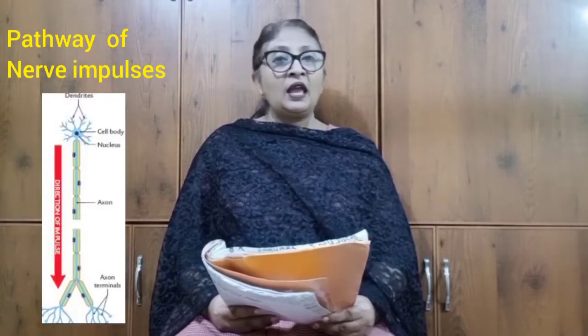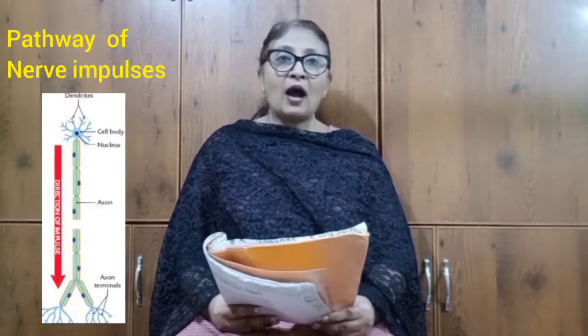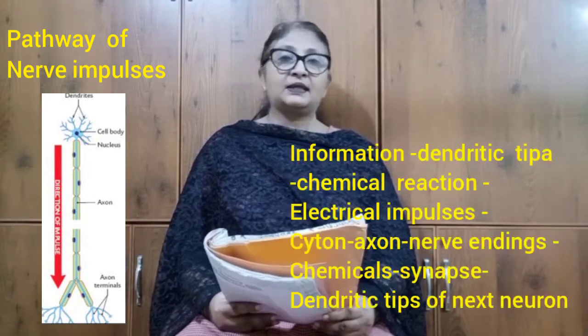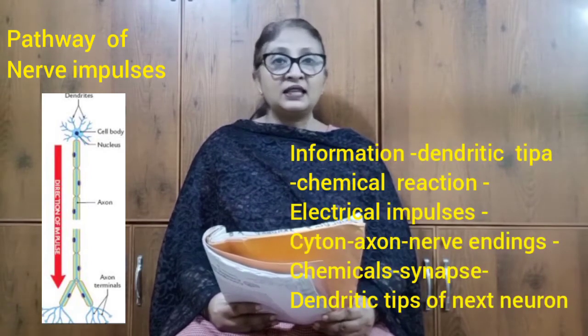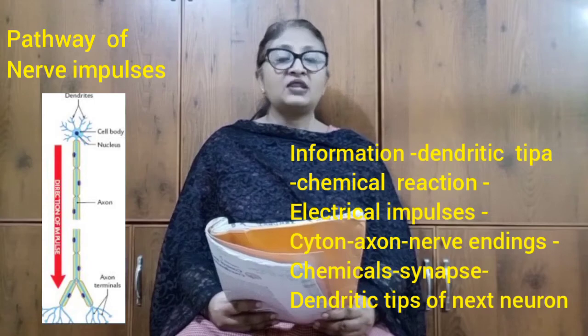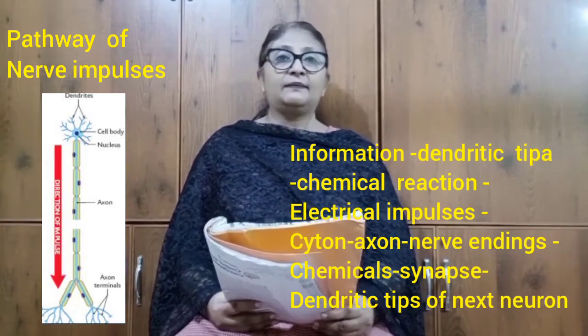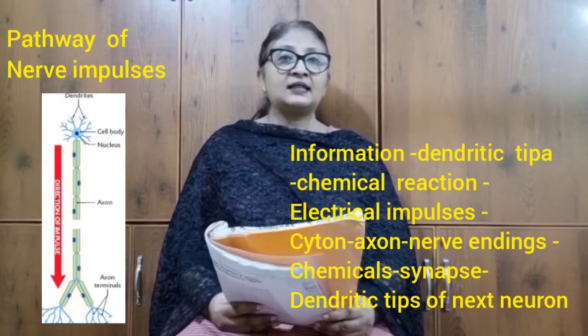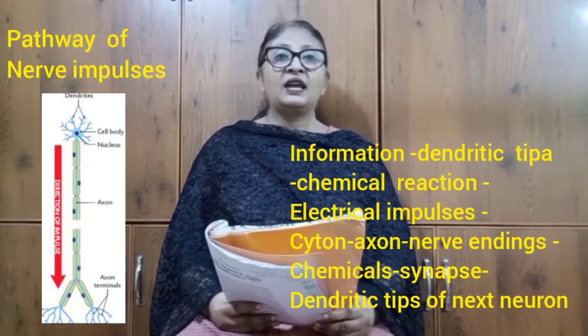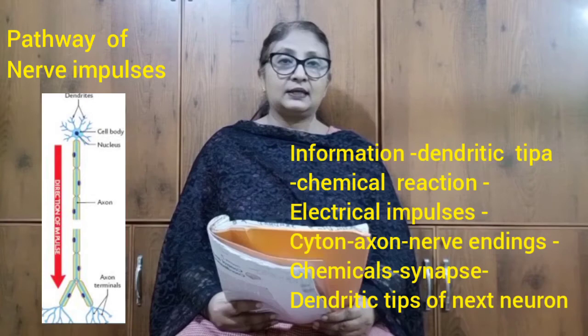Now let us see how nerve impulses travel in the body. Information is acquired at the dendritic tips. When this information is acquired, a chemical reaction is set up, and this results in the formation of electrical impulses.